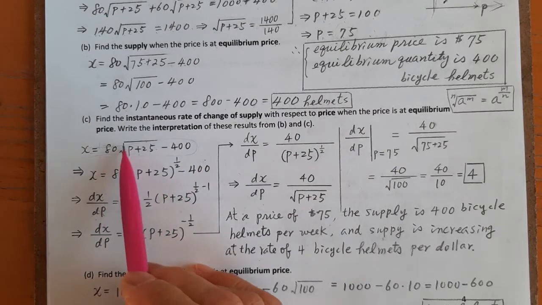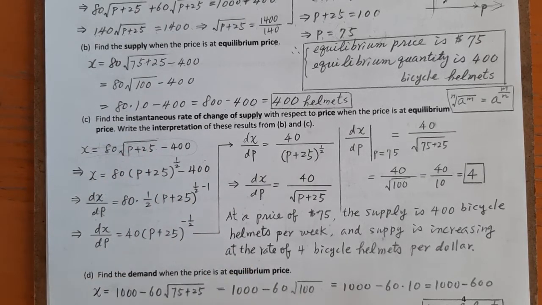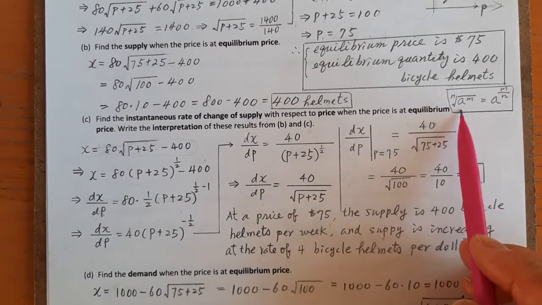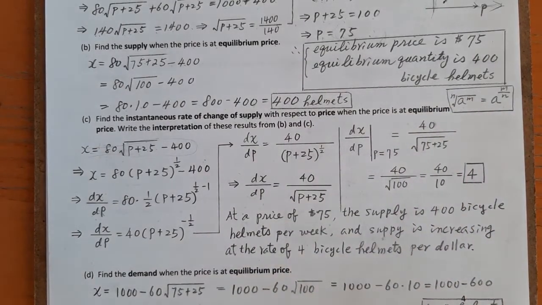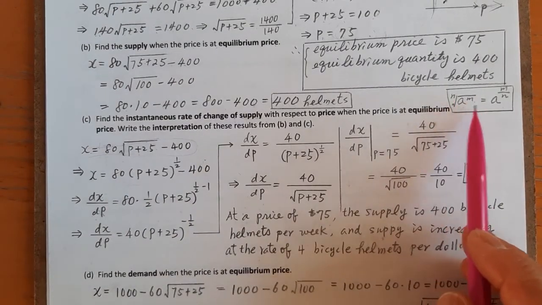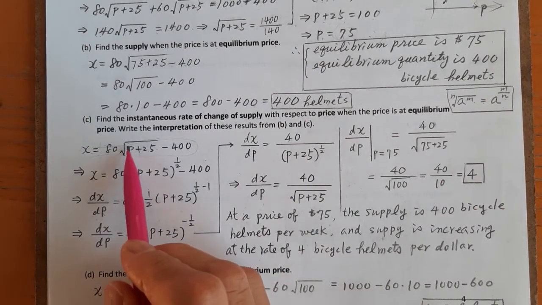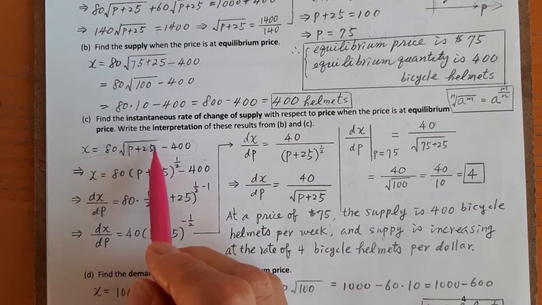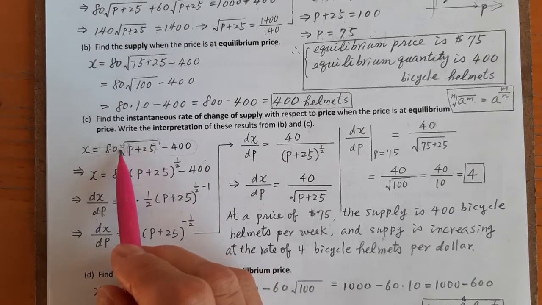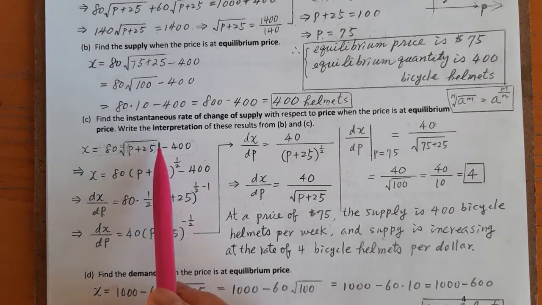So first of all, this is a square root, and use this rule: change from radical to exponent. The nth root of a to the power m equals a to the power m over n. So for this one, it's p plus 25 to the power 1 over 2.